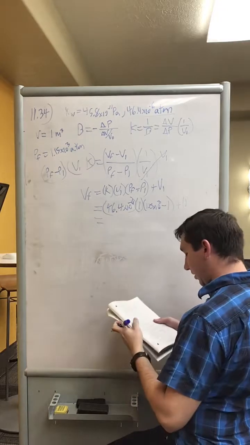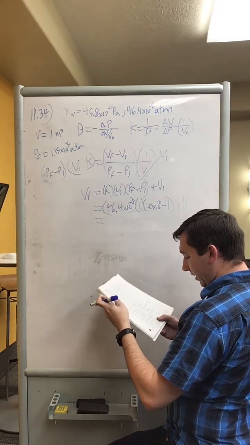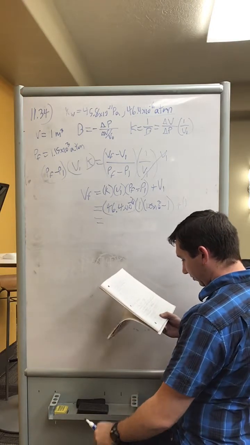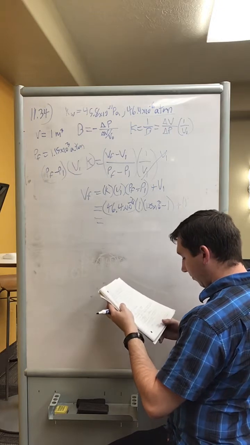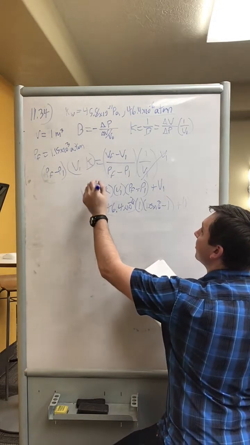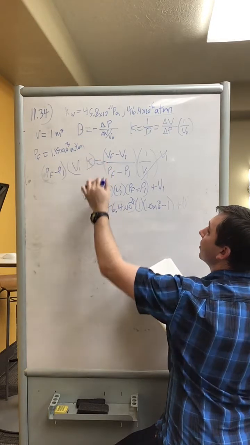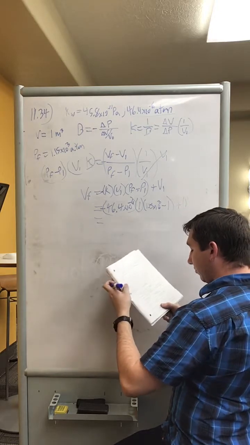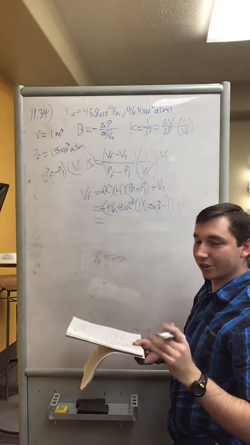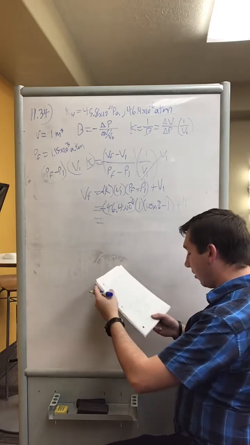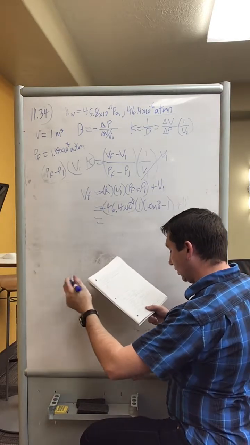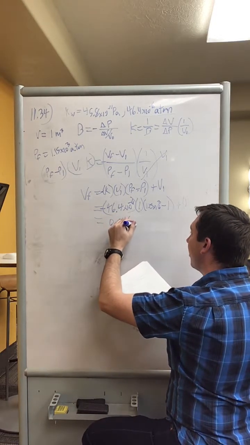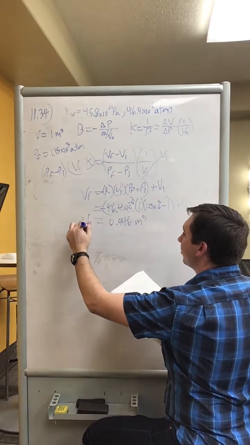When you do that math, you get 0.946 meters cubed as your final volume.